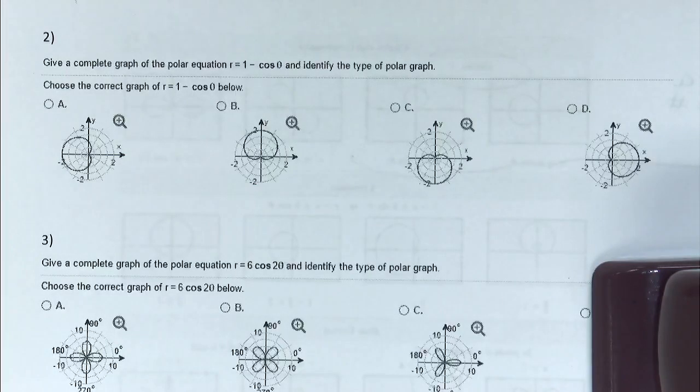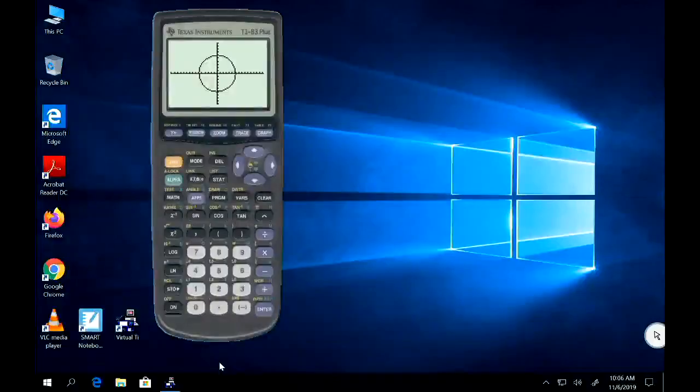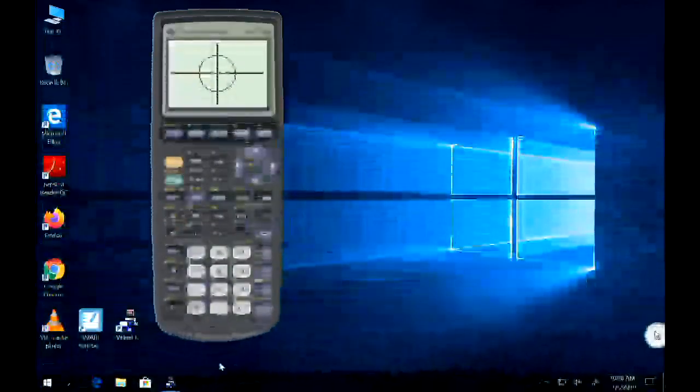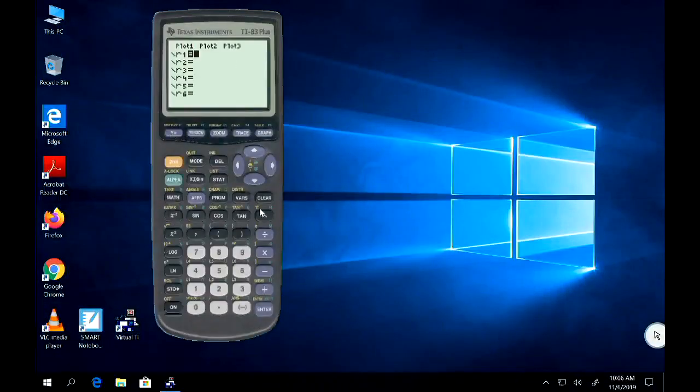And I'll do it with you. 1 minus cosine theta.